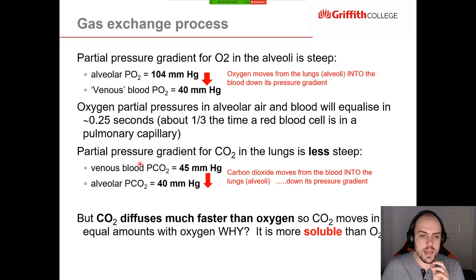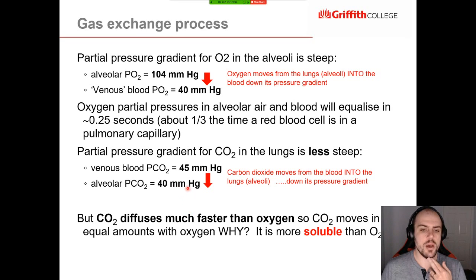Now, if we compare that to the partial pressure of carbon dioxide, obviously CO2 is a lot higher in the veins at 45 millimeters of mercury, whereas in our lungs it's only 40. It's not that big of a jump, like 5 millimeters of mercury, whereas for oxygen it's nearly 80 millimeters of mercury versus 5.